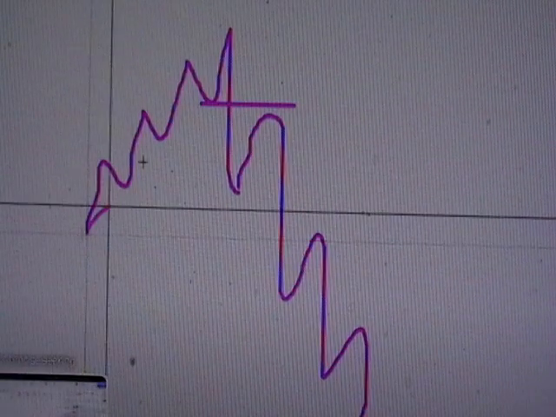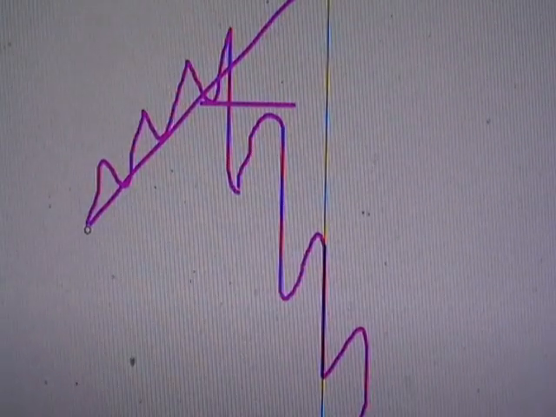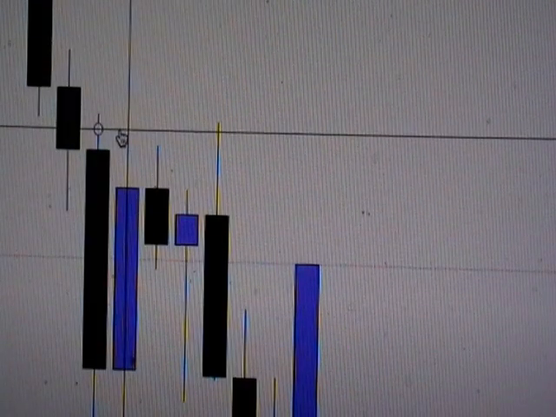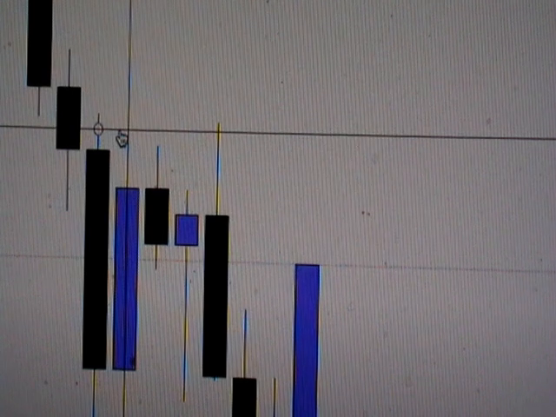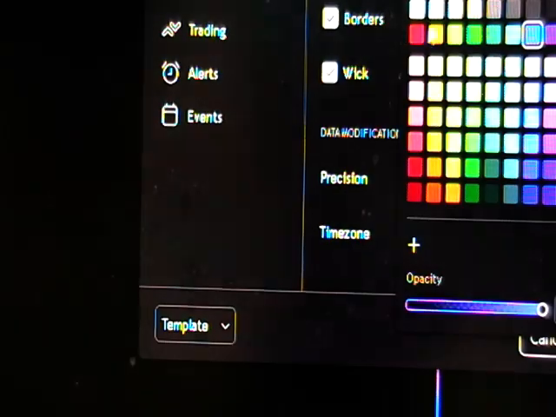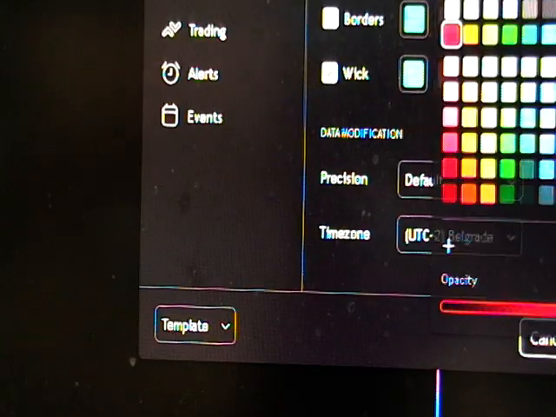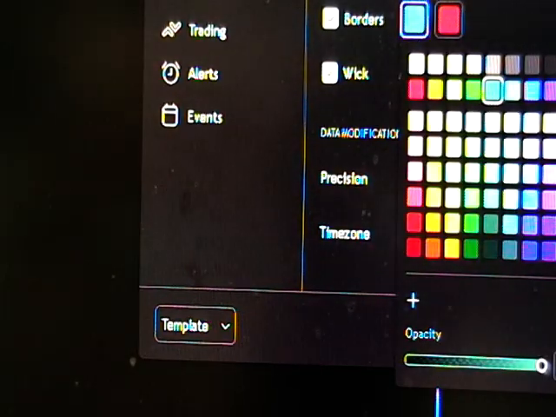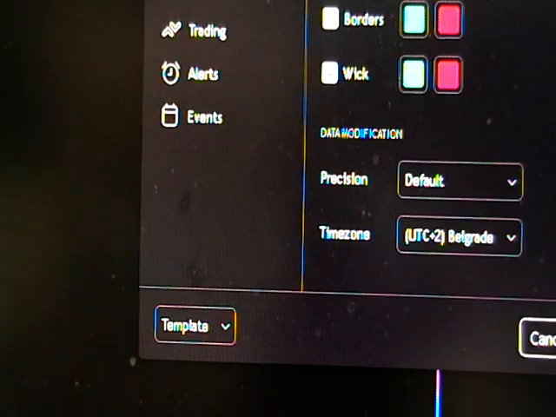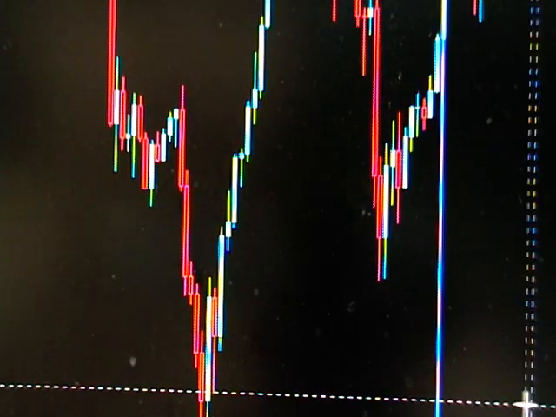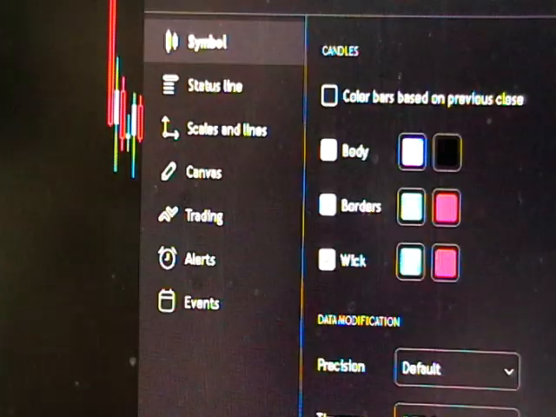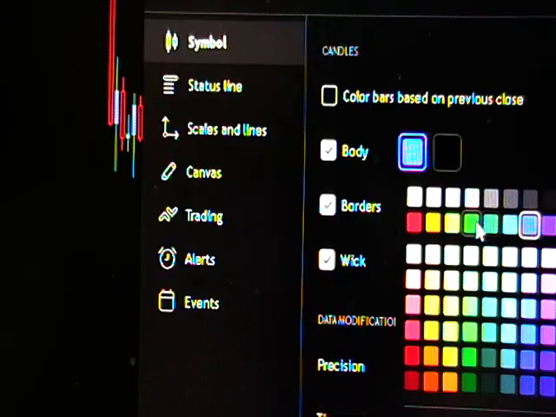I want to try turning $100 into 10. I like how his are black and blue. I'm gonna make it like that as well. Actually, I don't have time for that. Oh, okay, well that's pretty interesting. Just give me back green and red.